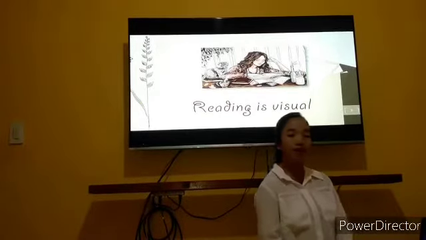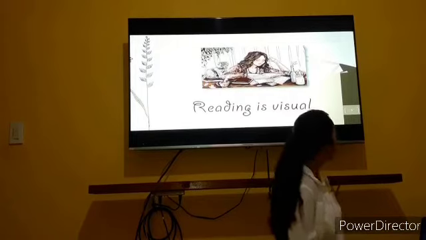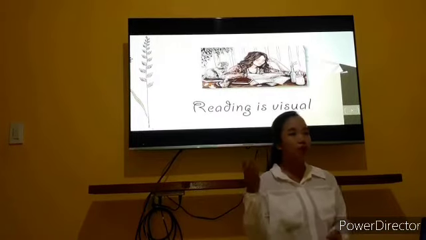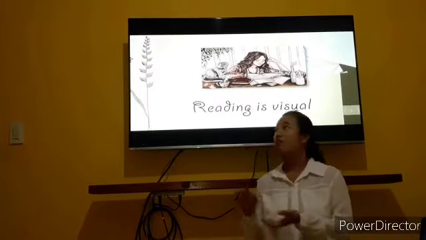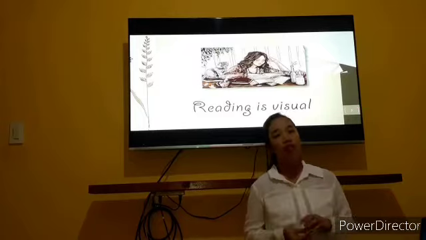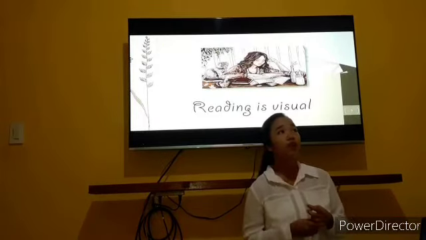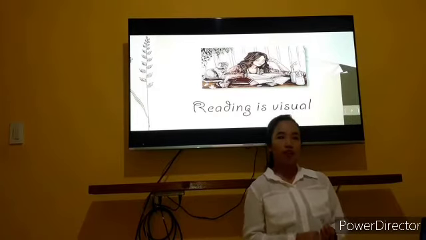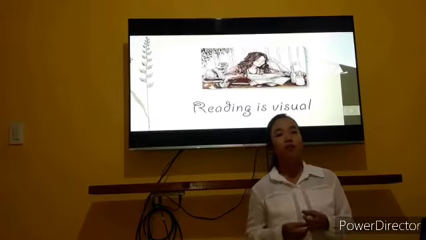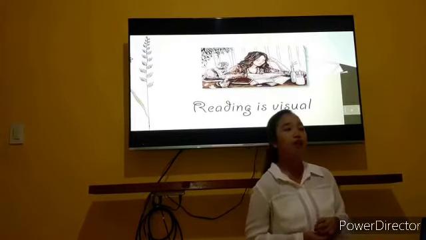Next, reading is visual, as the text transmits to the optic nerve and it requires good eyesight. But for the visually impaired, they discovered a model called Braille, so that visually impaired persons will be able to read and learn.